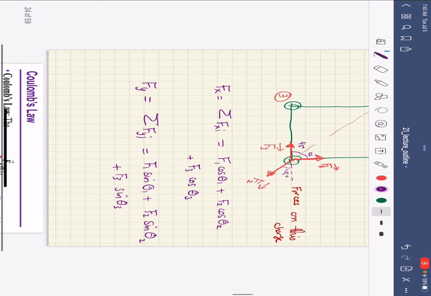And then finally I can calculate the net force as the square root of Fx squared plus Fy squared, and the angle as tan inverse of Fy over Fx. Now this is just briefly showing you, but this is a needed skill for calculating the net forces, and also the net electric fields.